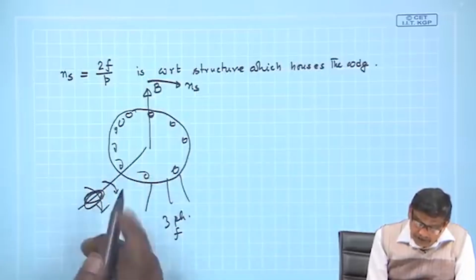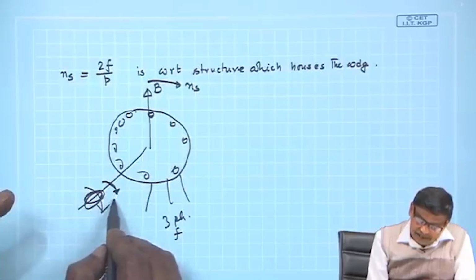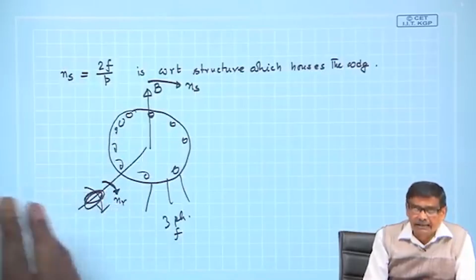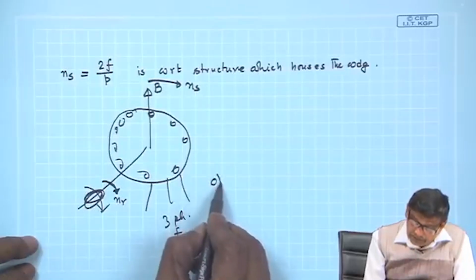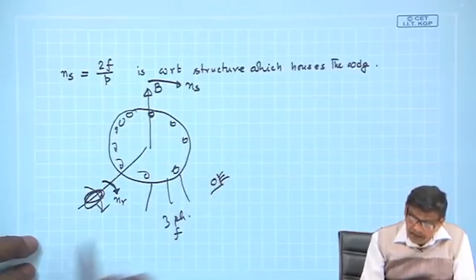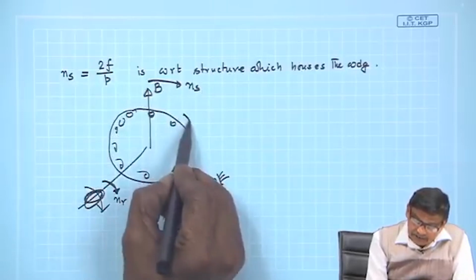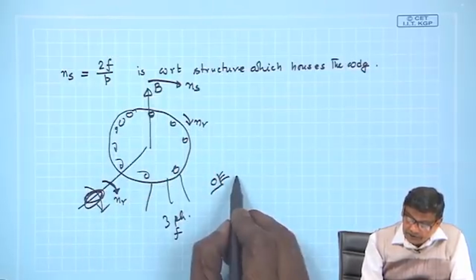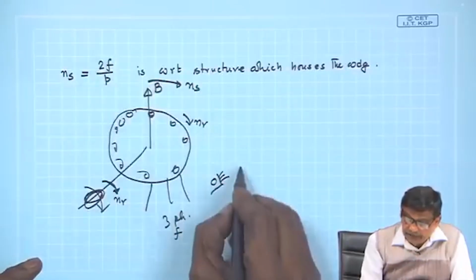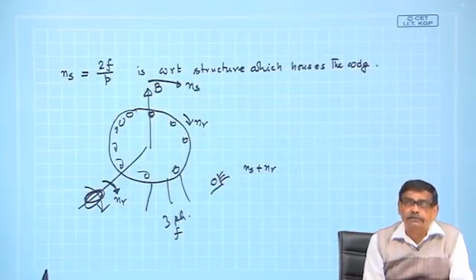Now, on top of it, if I move it with a speed say Nr, another speed, then a stationary observer will conclude that the speed of this field is, if it is turned in the same direction, Ns plus Nr. This must be understood.